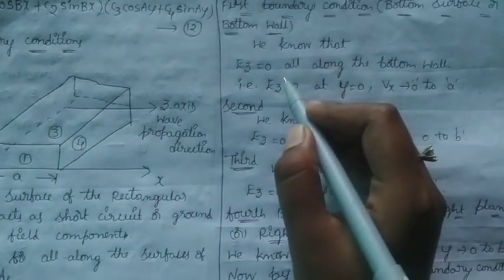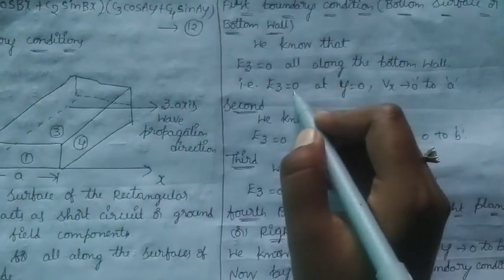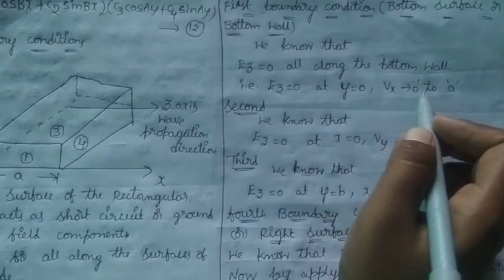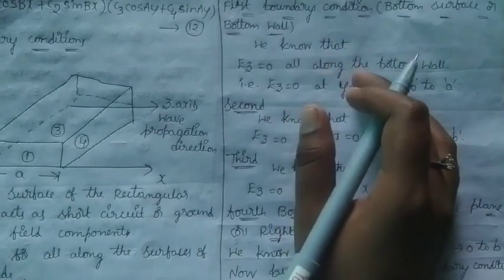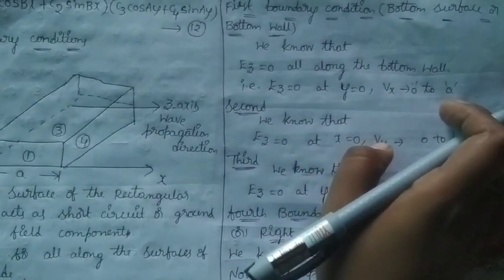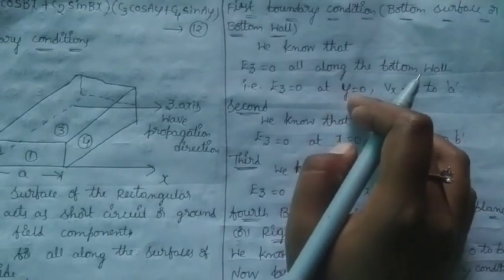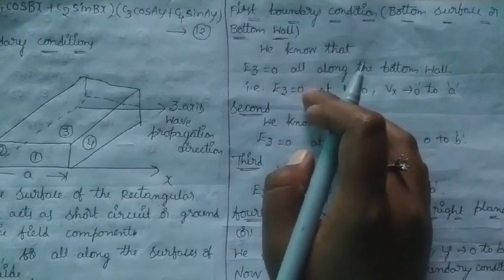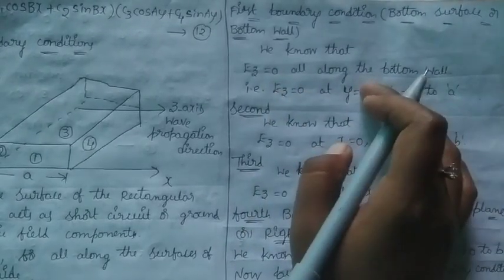So Ez is equal to 0 at y equal to 0, for x from 0 to a. This is the first boundary condition. So whenever y is equal to 0, Ez is equal to 0.